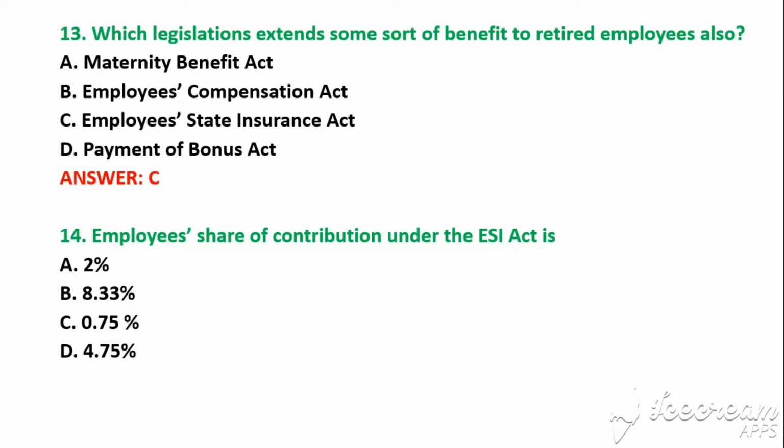This is with effect from July 1st, 2019 onwards. Before that it was higher. It was reduced with effect from July 1st, 2019. So the employee share of contribution under the ESI Act is 0.75%. C is right.